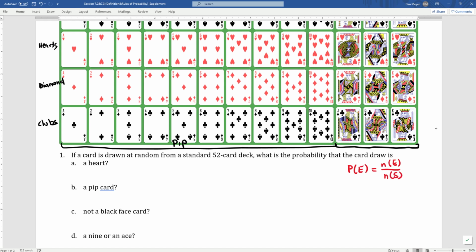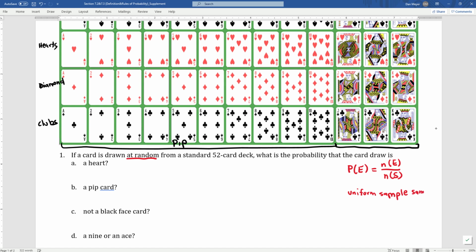Now we're just picking one card at random. The thing here that says at random, that's what allows us to assume that this is a uniform sample space. We should have established that before we use this basic probability formula.